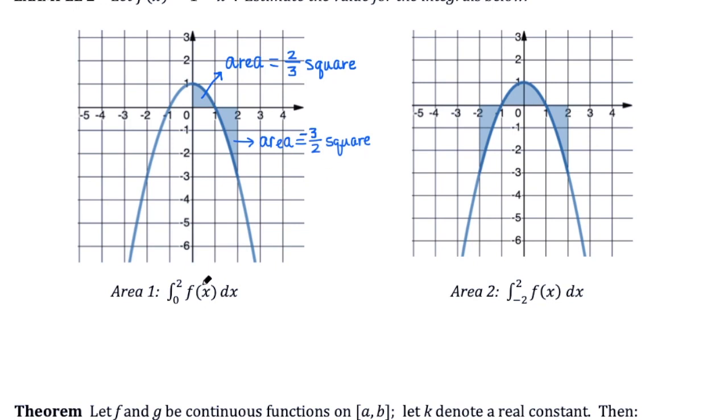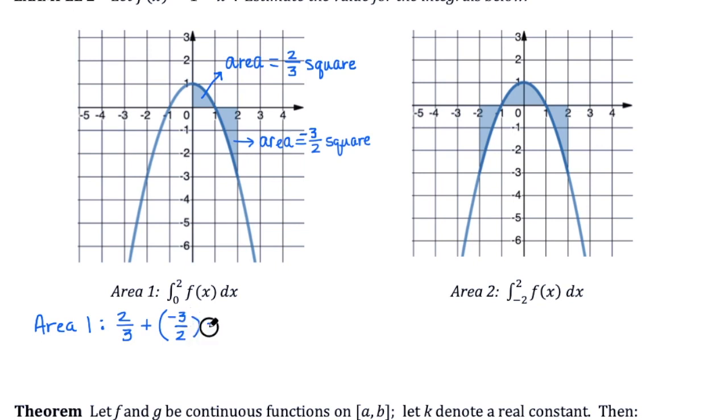-3/2 squares. So area 1 will equal, I'm going to take the number of squares in the part above the x-axis, add to it the area of the squares below the x-axis, keeping in mind that they're negative.